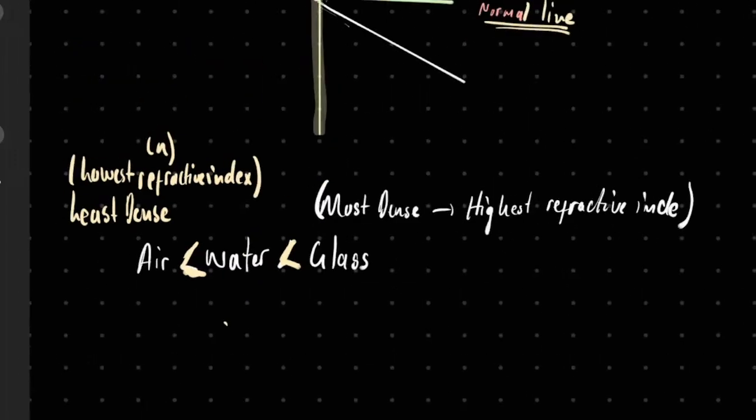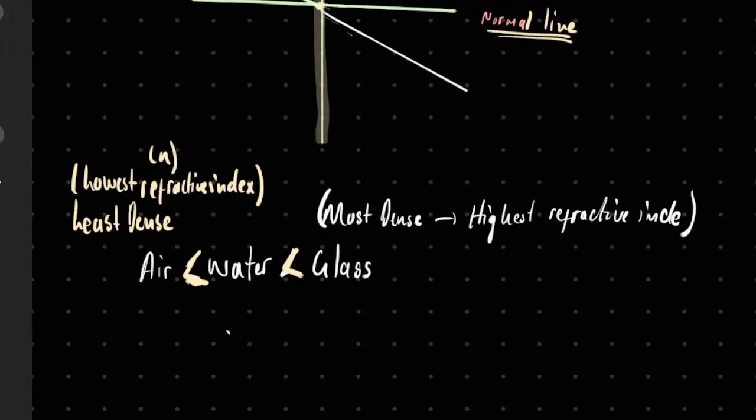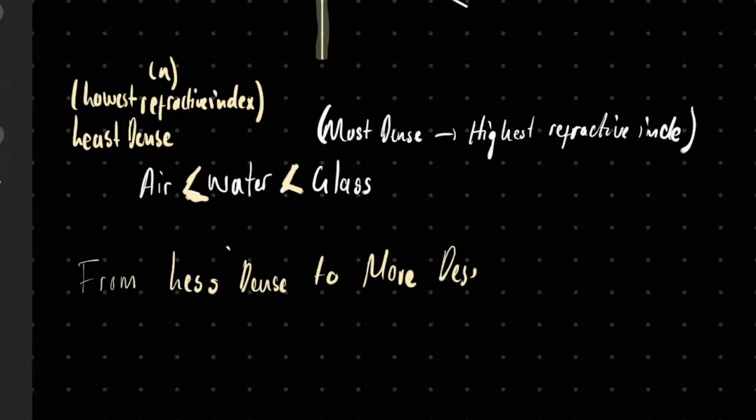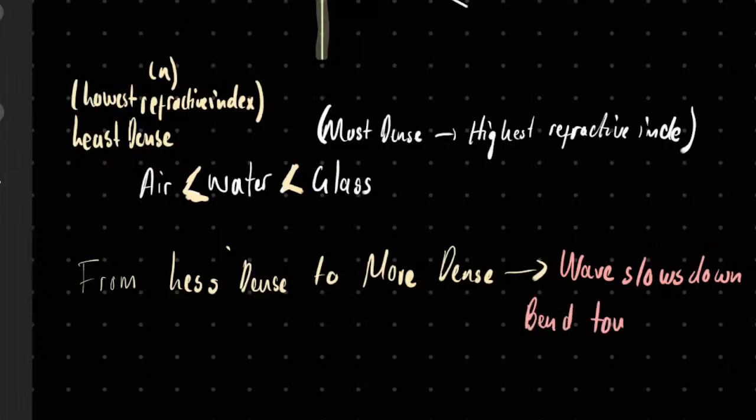Now we come to the next thing. Listen, when you move, here's the rule. From less dense to more dense, the wave slows down, and when it slows down, it will bend towards the normal.